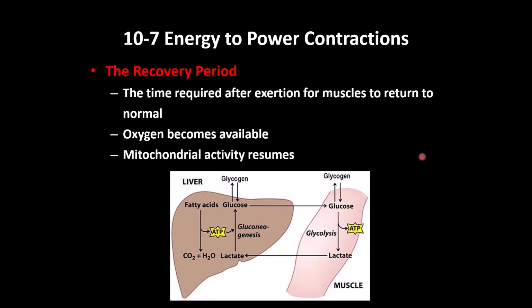So during the recovery period, the muscle has to relax, and then the oxygen comes, and when the oxygen goes into mitochondria, the mitochondria can produce activity. So what happens to the lactate? The lactate goes to the blood, from there it goes to the liver, and through gluconeogenesis, it produces new glucose.